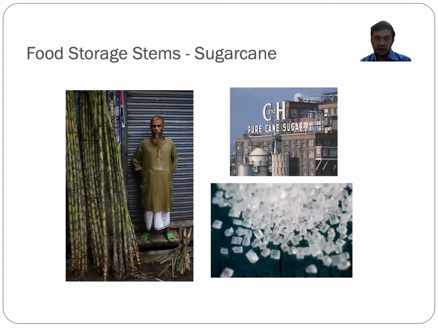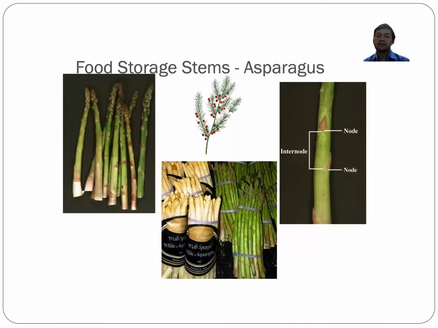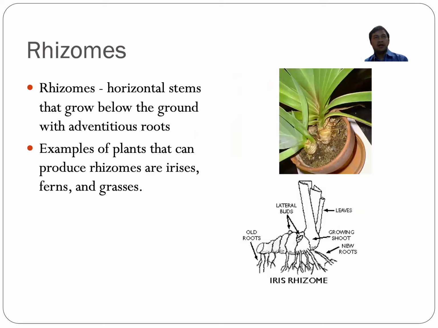The other one for food storage is sugarcane. Here you can also see the product of the sugarcane. The other example is asparagus. Here this is the internode, this is the node, and node.